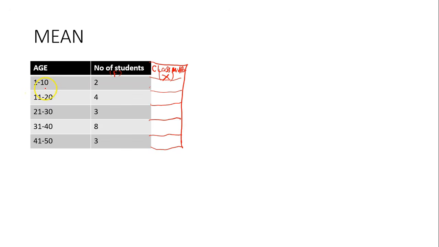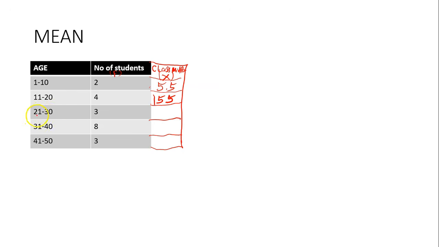So 1 plus 10 divided by 2 should give you 5.5. That is 1 plus 10 is 11 divided by 2, that's 5.5. Then you go to the next one. 11 plus 20, that is 31. Divided by 2, you should get 15.5.